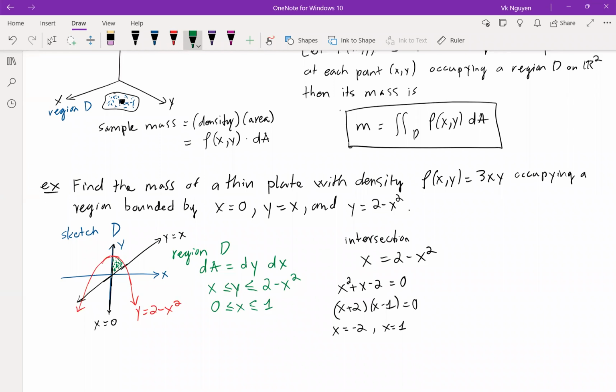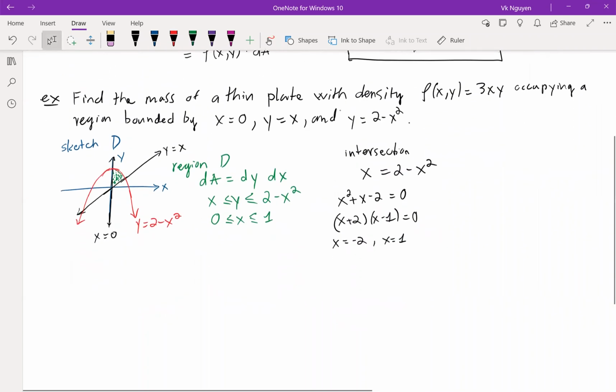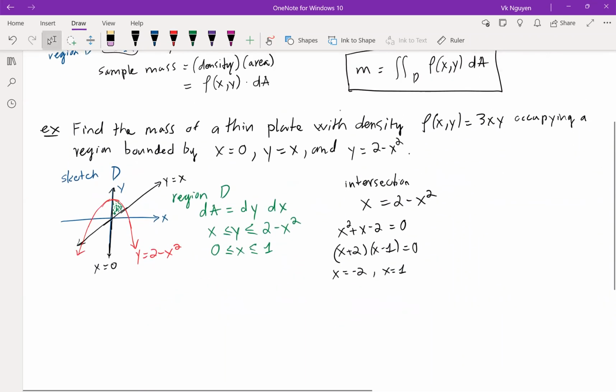Okay, from here we can set up a double integral to compute the mass, and then just compute this thing here. It shouldn't be too bad. Mass is double integral over the region D of the density times area.